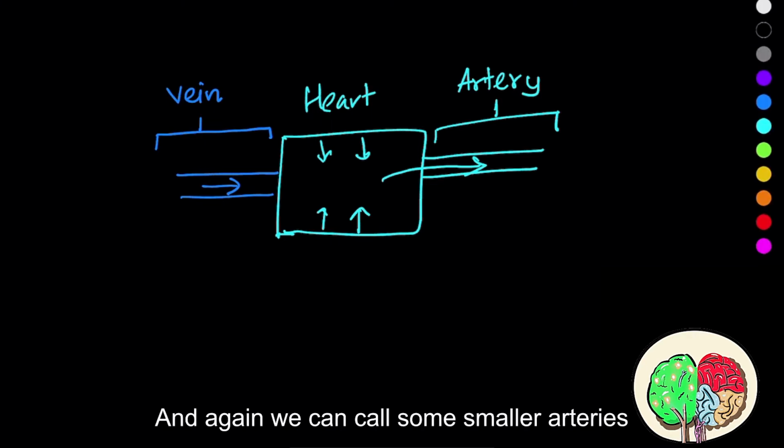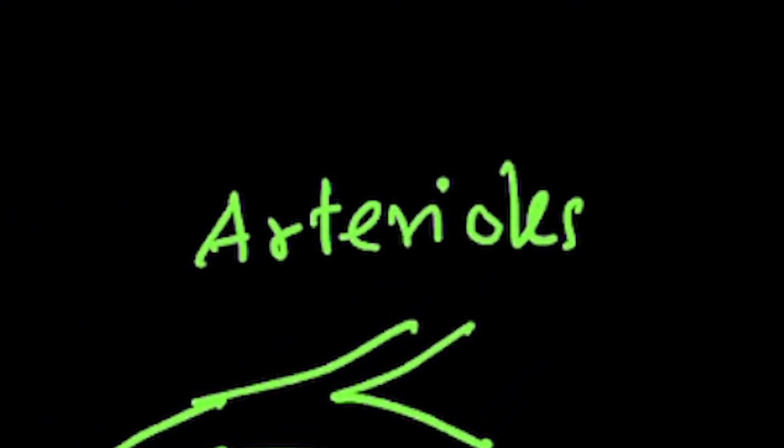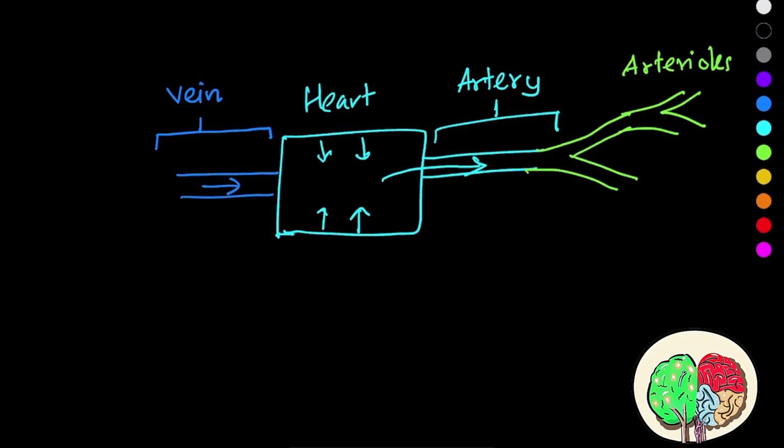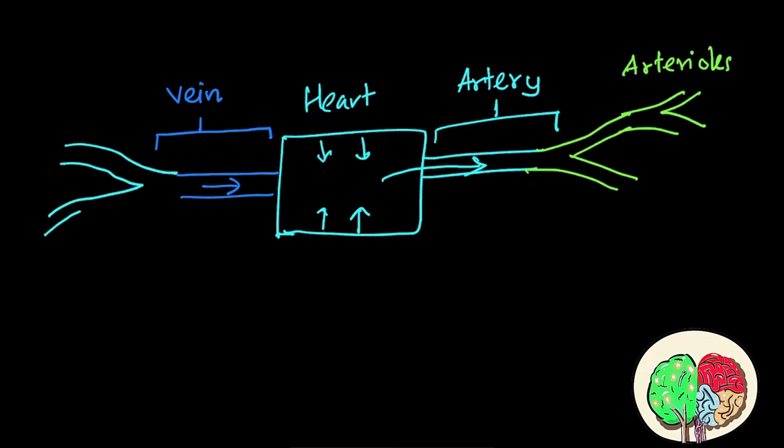And again, we can call some smaller arteries arterioles. And again, we can call some smaller veins venules.